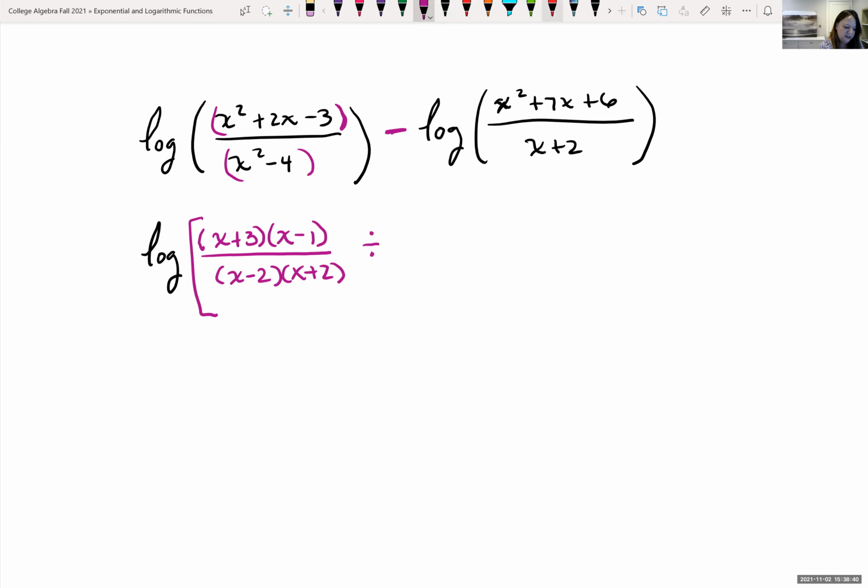And if we start factoring our numerator, x squared plus 7x plus 6, this factors as x plus 6 all times x plus 1. It doesn't factor as much as I wanted it to, but that's okay. All over x plus 2.